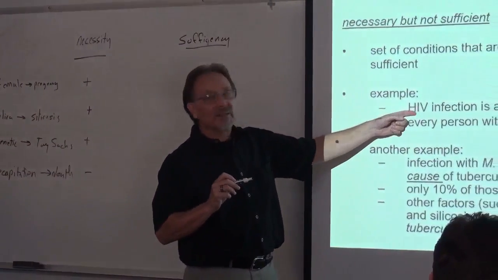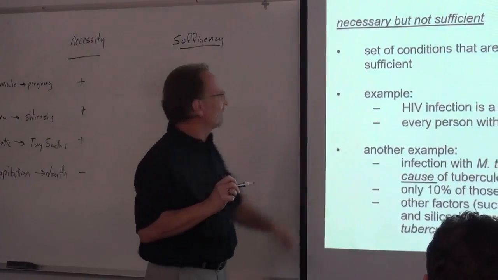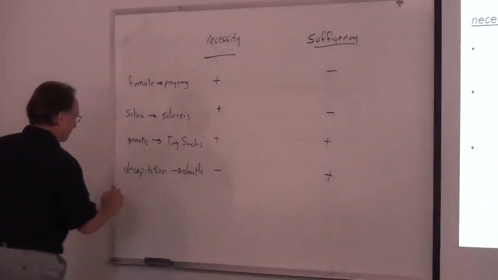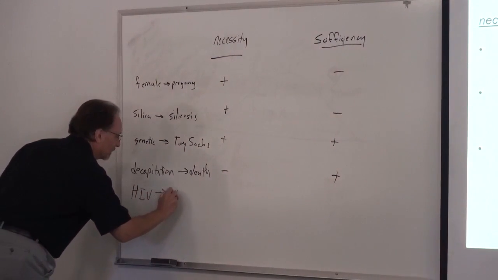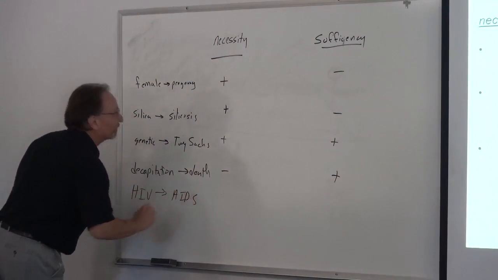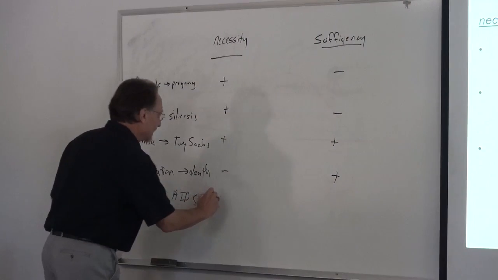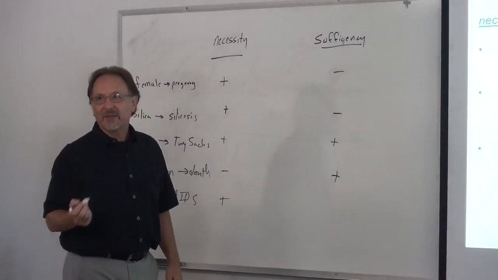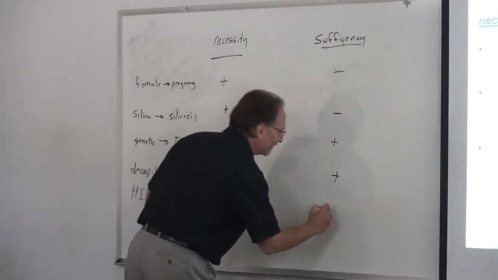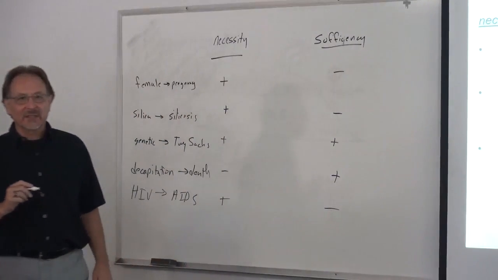HIV infection is necessary to develop AIDS. Right? So it's necessary, but it's not sufficient, because you can be HIV positive and never develop AIDS. So it's not sufficient to develop AIDS.